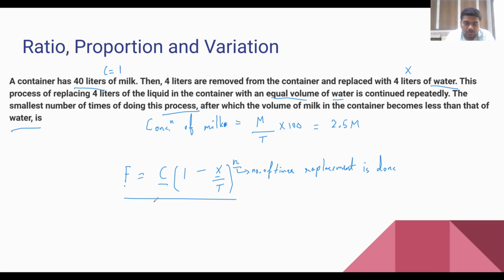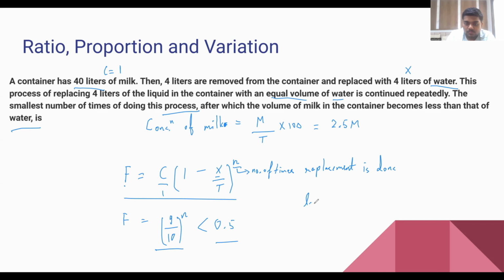Okay. So here the initial concentration is 1, and 1 minus 4 by 40, which is 1 by 10, so this is 9 by 10 effectively. So F is equal to 9 by 10 to the power n. And now this has to be less than 0.5. So here what we will need to do is take the logarithm on both sides and then find the value.